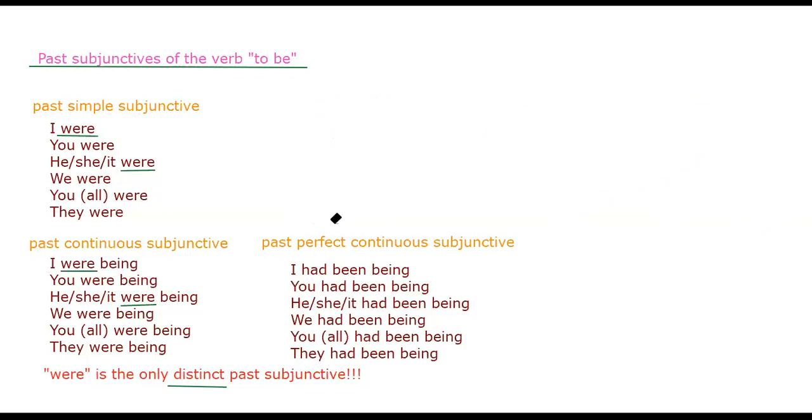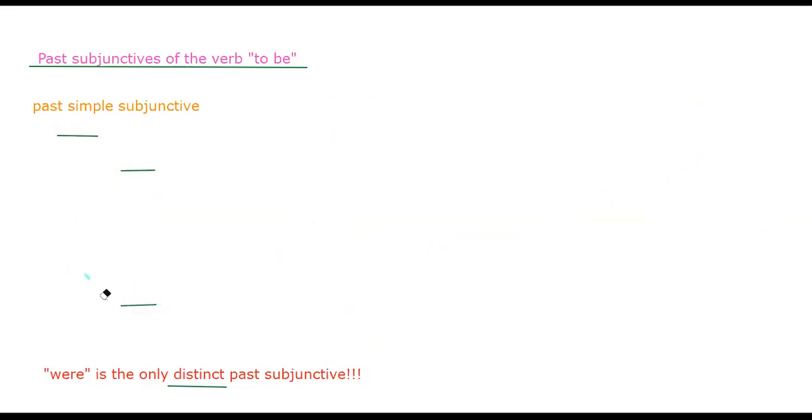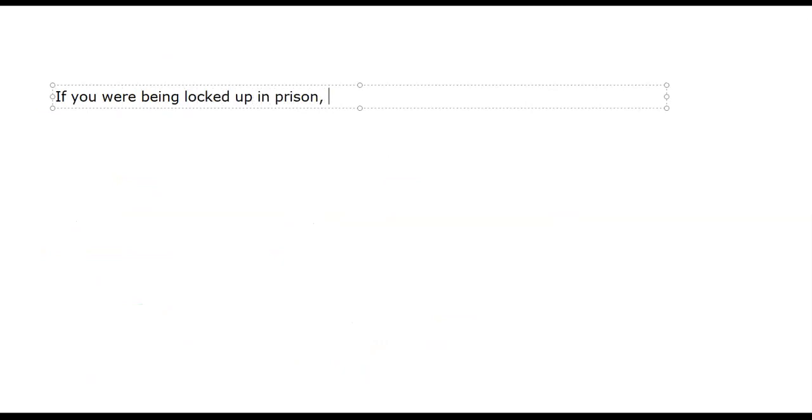But anyway, let's look at some examples with the past. Okay, let's look at some examples with the past simple and past perfect subjunctive. So someone asked about "were being." If you were being locked up in prison, what would you do?